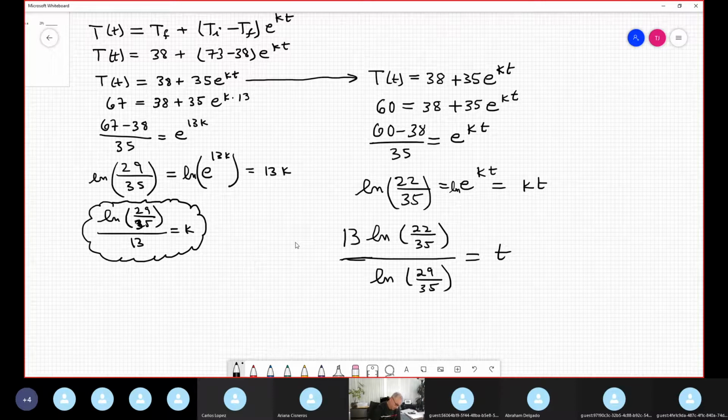In the top, we have 13 times the natural logarithm of 22 divided by 35. Parentheses are not necessarily needed because it's only one monomial, one logarithm. Divided by the logarithm of 29 divided by 35.